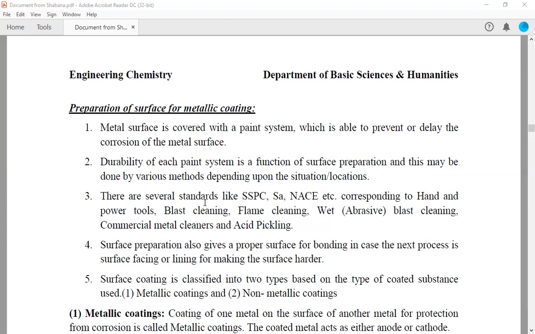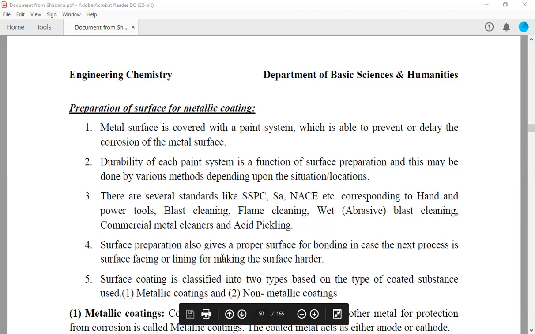First, the metal surface should be treated with solvent cleaning, afterwards alkali cleaning, next mechanical cleaning, and there are also flame cleaning, sandblasting, pickling and etching. So these are the methods which are used for cleaning the metal surface before applying the surface coating.